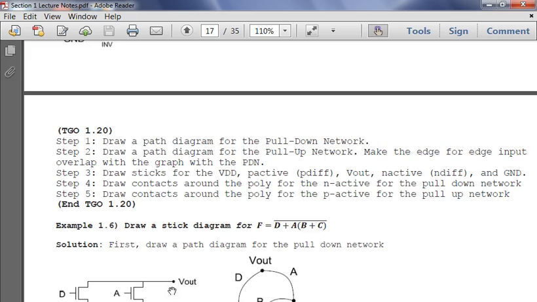So we have V out, and then VDD and then out, right? The first way to do it is you can just go straight from D, and then you have to go through A, and then B or C, right? So those are any of the paths you can take to go from the supply voltage to the output.